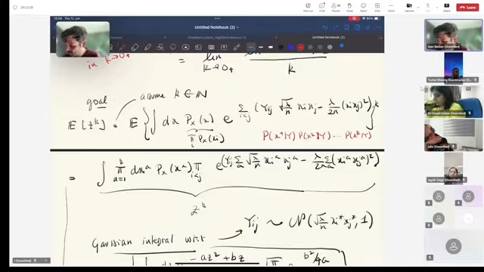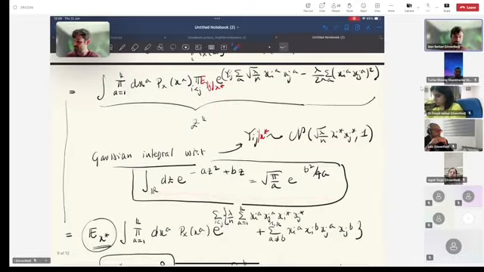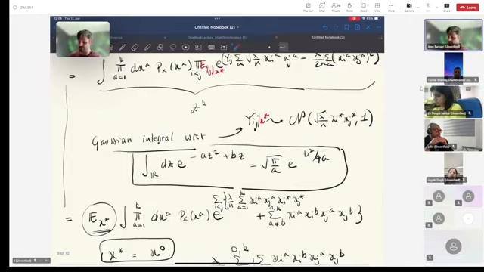The expectation that we carried was really an expectation of yij given x star, and yij given x star is a Gaussian random variable with this mean and this variance here. So this is just a Gaussian integral, which you can compute easily using the standard Gaussian integration formula.